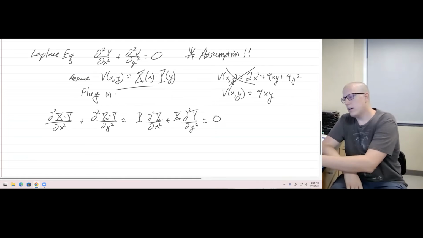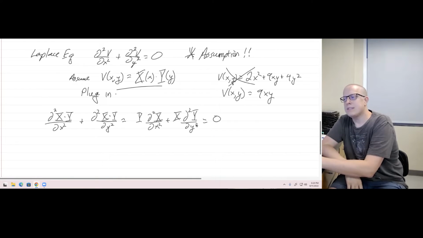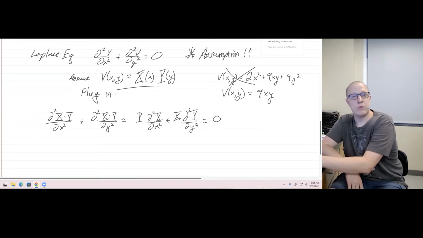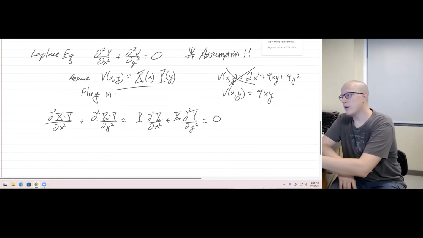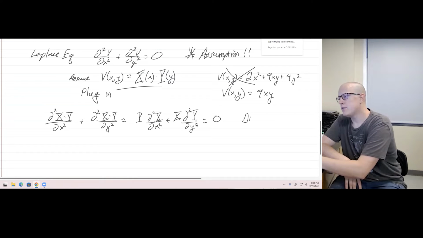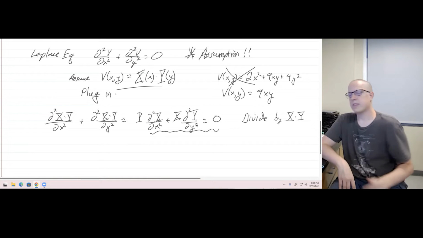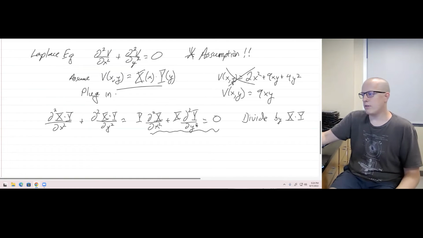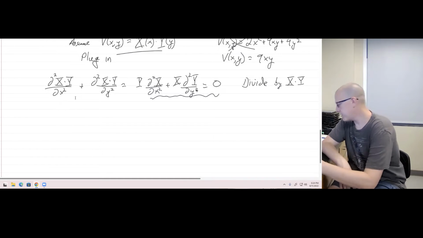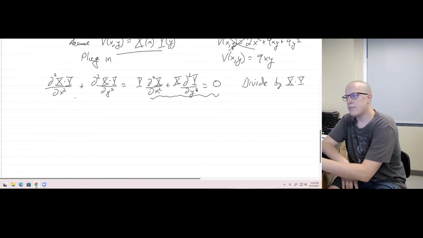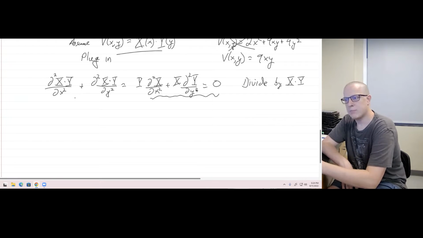Now what I would really like is to have only x's with x's and y's with y's, because we're trying to separate the variables here. To do that, I'm going to divide this entire equation by X times Y. I'm just doing the same thing to both sides, so I'm not doing any illegal moves here. When I divide by X and Y, I'm going to cancel out the Y's and the X's, and I'm going to end up with something like this.